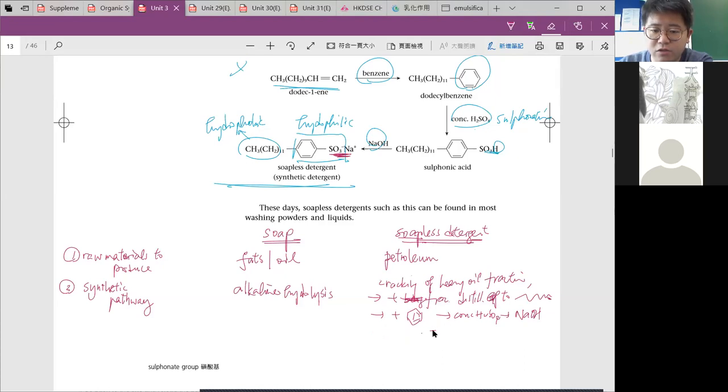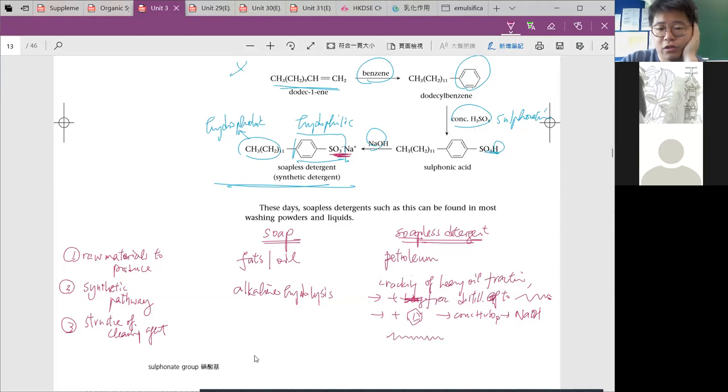So because of this, the basic structure of the cleansing agent is different. What's the basic structure for soap? What do I mean by that? If I put this as an example, this is a benzene sulfonate. So it is something like this, right?